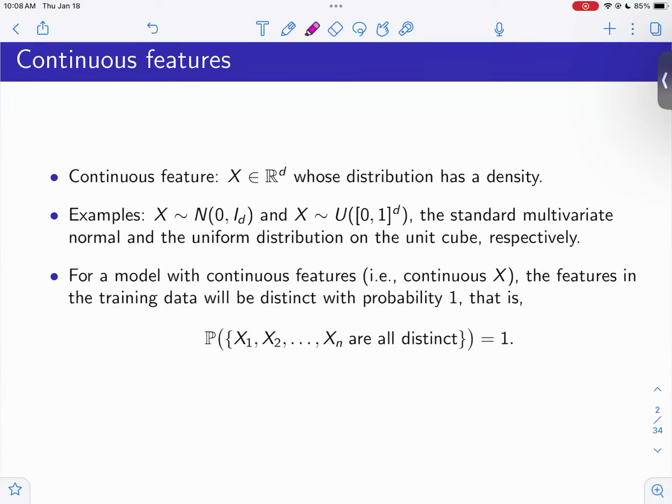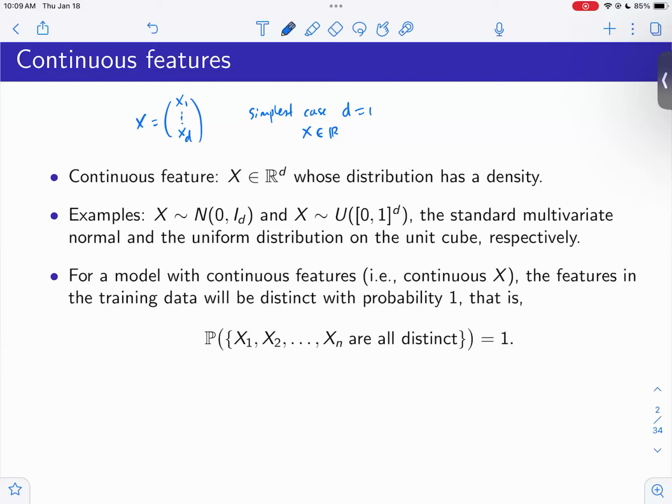If you want, x is x1 up to xd. Again, in the simplest case, d is 1, so I just have a scalar. x is in R, but it's not discrete.